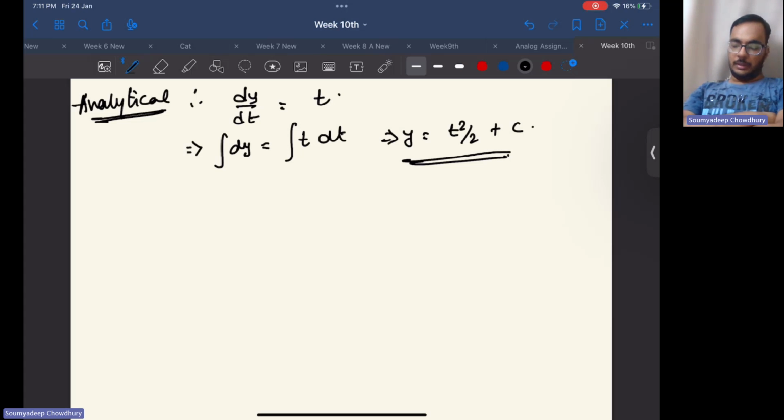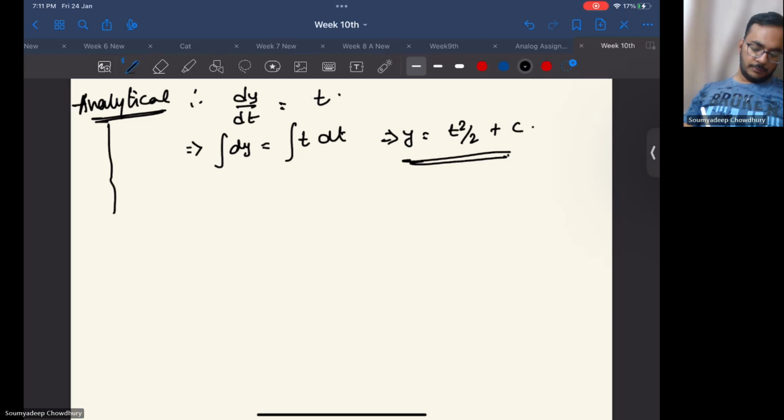However, while solving any differential equation numerically, we don't get a closed form expression or an empirical relation between y and t. But what we get is the values of y at different values of t. So that is the main difference between solving a differential equation analytically and numerically.